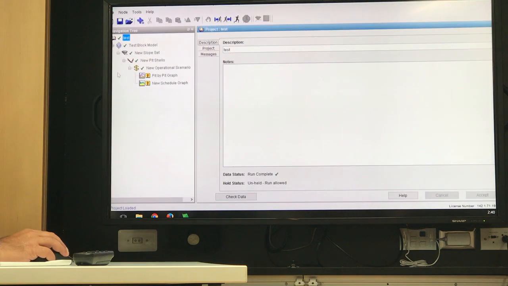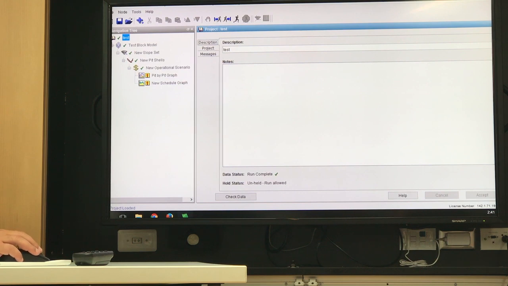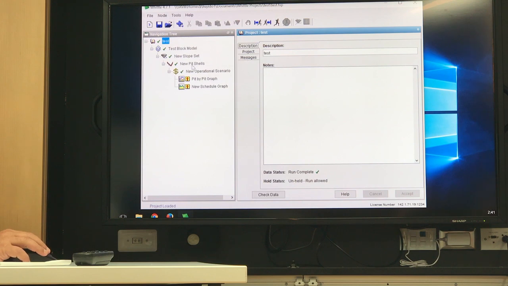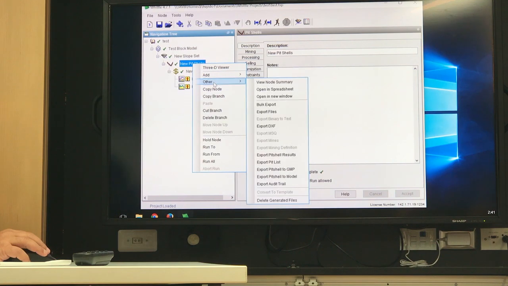Once you have that information, the other thing that might be interesting for you at this stage of the project is how you can take one or some of these pit shells and bring them to the visualization software, to mine design software, like Vulcan or other software that you are using. In order to do this, you just need to go back to this pit shell node, and you right click on this, and there is an option to export pit shells as DXF.